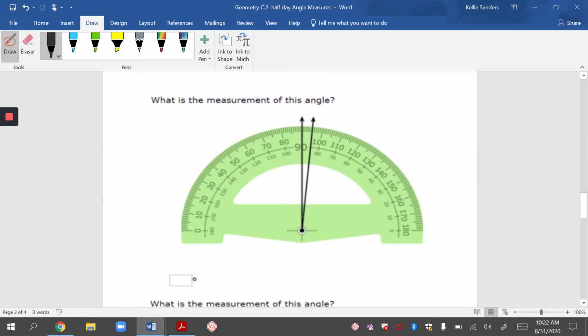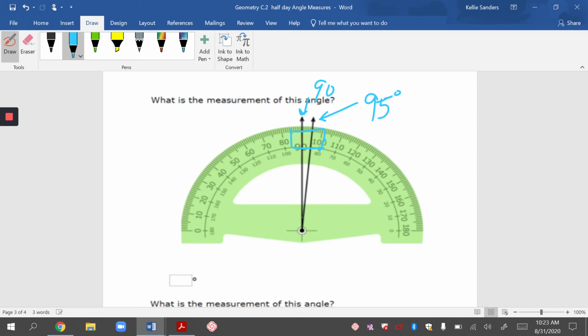Okay, now it's going to get a little bit trickier. They don't start at 0, 0. So you can either use inside numbers or outside numbers. What's happening is, I'm going to use two different colors here. If we use the outside numbers, this one is at 90 and this one is between 90 and 100, so it's at 95.